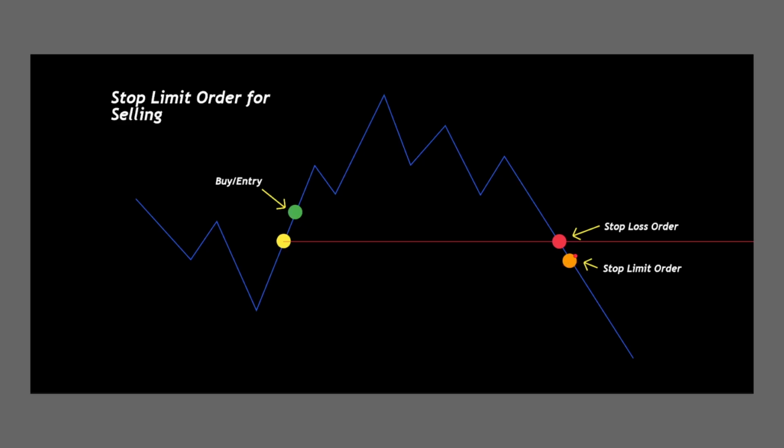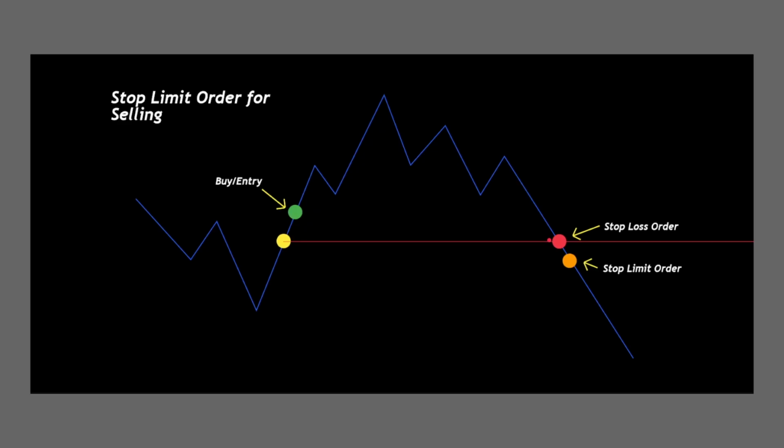Now, what this means is that if price comes down and hits this 39K, this doesn't necessarily mean that the order is going to be immediately sold. All it means is that it's going to activate our limit order, which will then be placed on the order book. So if price hits this level and does not continue to go down, our order is activated, but it didn't execute yet.